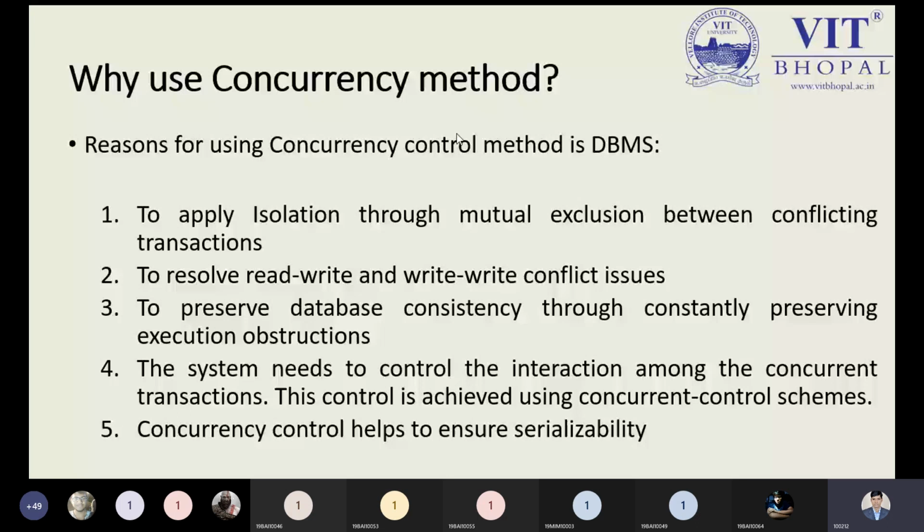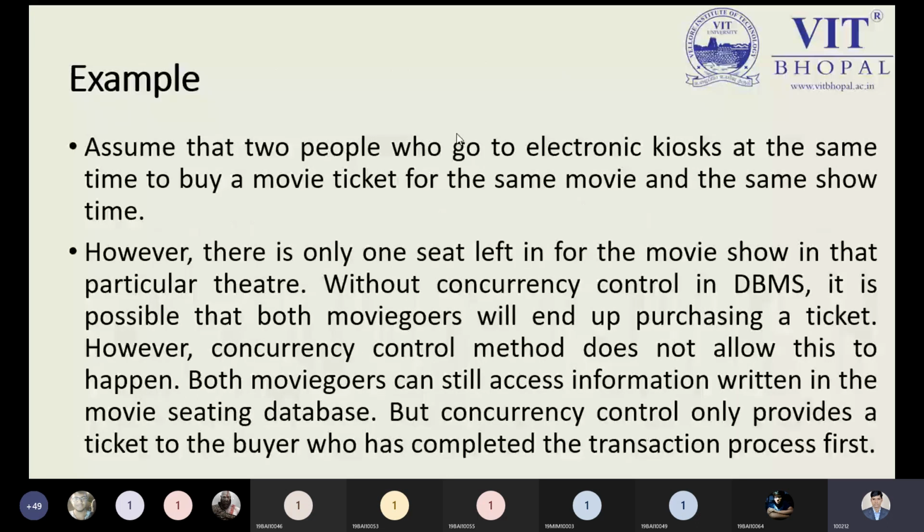Yesterday I told you one example, and this time I'm taking the same example. Suppose you and your friends want to watch a movie. At that time you want to book a ticket online. No problem. But at that time your friend and you are booking tickets simultaneously, at the same moment.